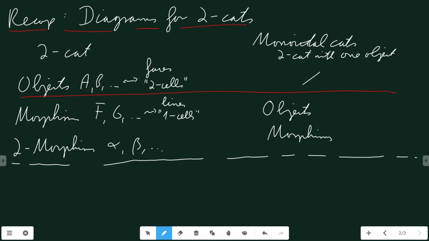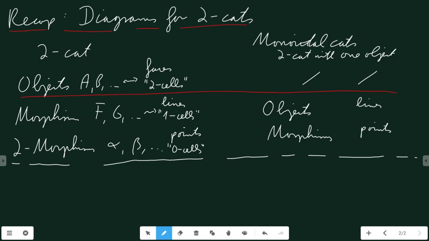And the 2 morphisms become, well, points, so 0 cells, 0-dimensional objects. And the same is true on this side, just that this is just nothing, and you only see lines and points.